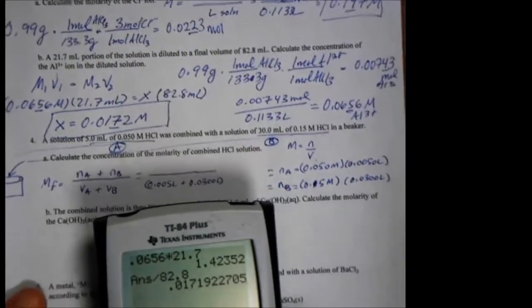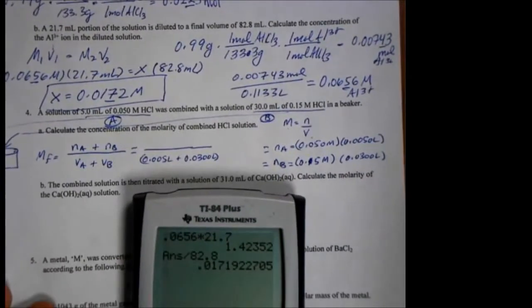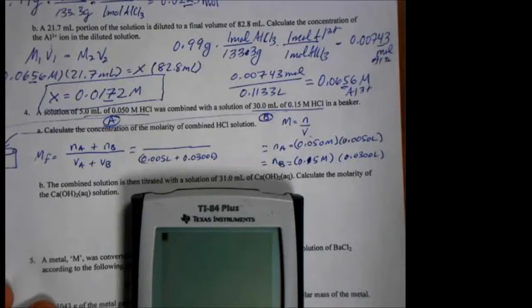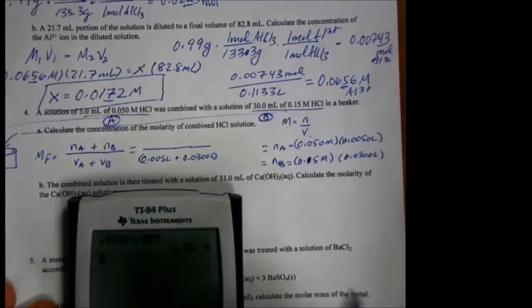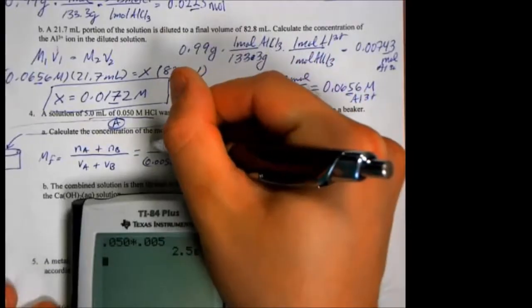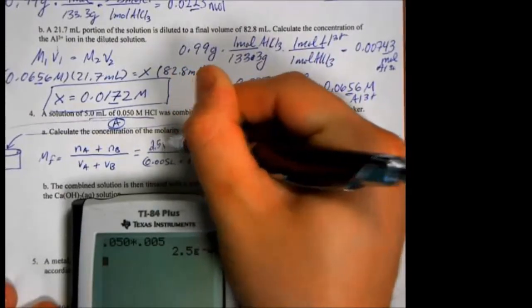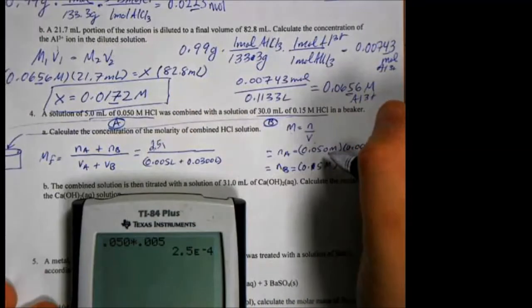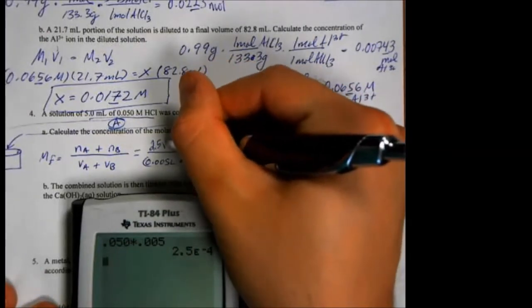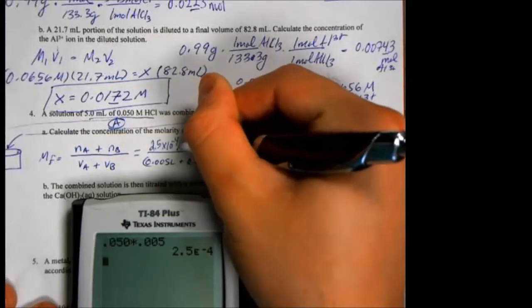And if we run this through our calculator, we can get two different numbers. In the case of the first one, we get 0.050 times 0.005, and we get 2.5 times 10 to the minus 4th. So I'm going to write that in here. Keeping track of sig figs, we only have 2 sig figs, so 2.5 times 10 to the minus 4th moles.